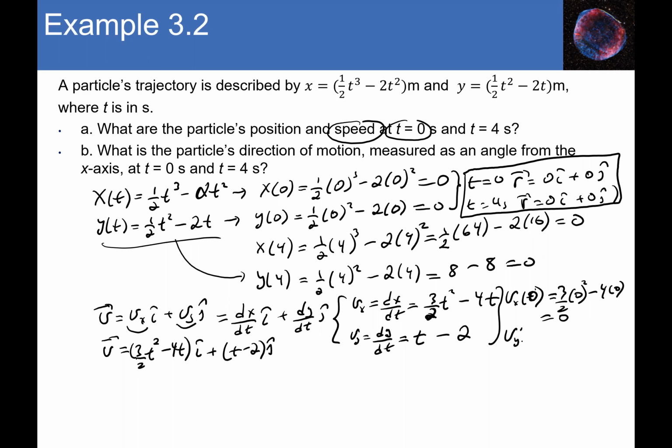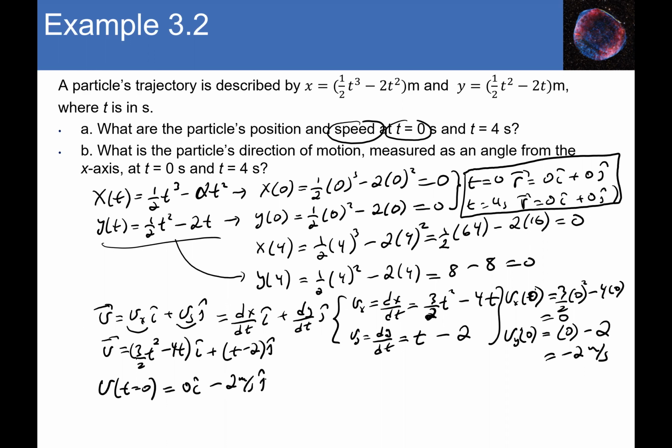Vy at time equals 0 is 0 minus 2, so we actually get minus 2 meters per second. That means v at t equals 0 is 0 i hat minus 2 meters per second j hat. So we are actually moving at that instant at t equals 0, with a downward velocity.